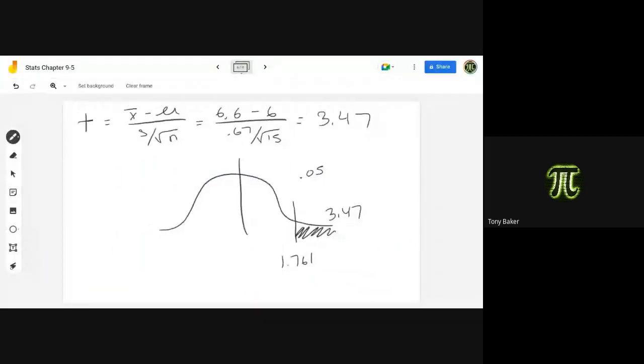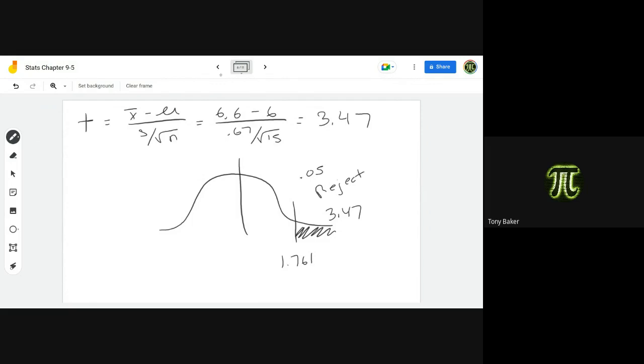All right, so we're looking at the 1.761. 3.47 is in the rejection region. So we're rejecting the null hypothesis and basically saying that the alternate hypothesis is true.